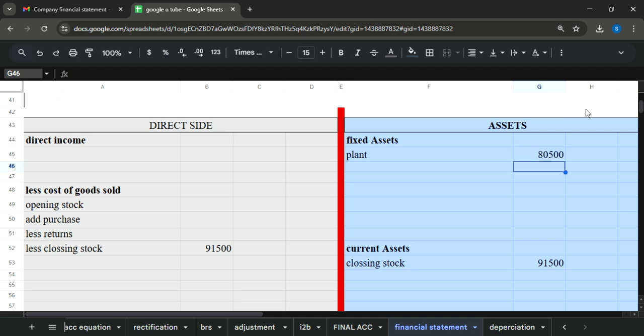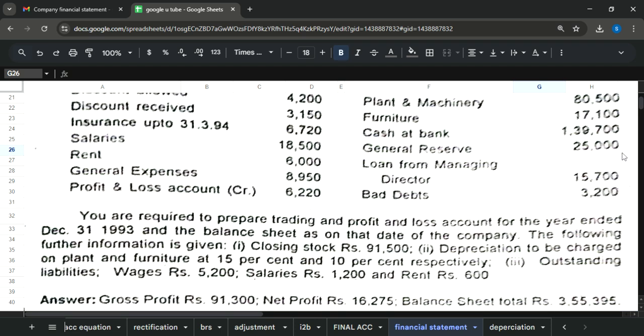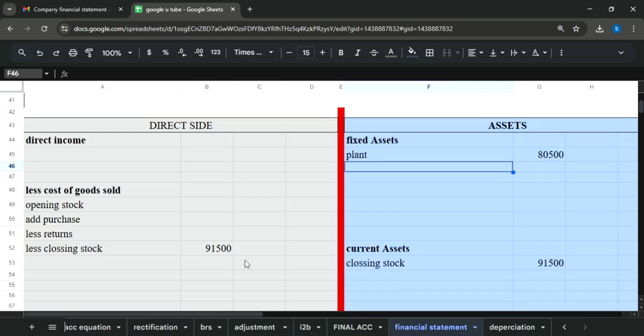Now, as we have seen, the plant depreciation rate is 15%. So here we will be calculating depreciation. How will we calculate it? 80,500 multiplied by 15 divided by 100. 15% was mentioned.